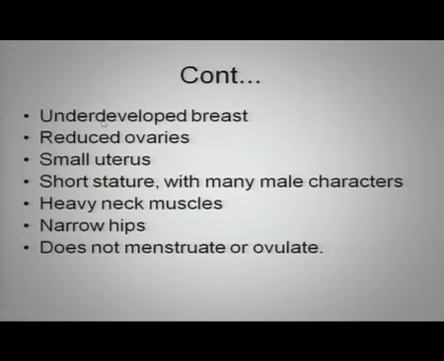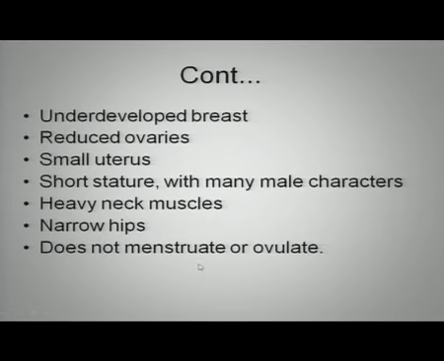They have underdeveloped breasts. The feminine character, breast development, is not normal, reduced ovaries, small sized uterus not well developed, short stature and many other male characters, heavy neck muscles. They have narrow hips, whereas normally in females there are wide hips or widening of the hip region.